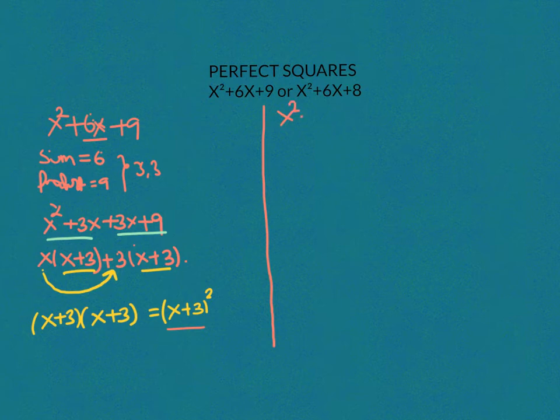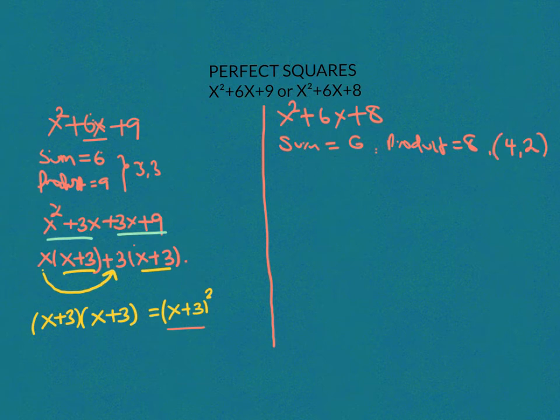So we'll have x squared plus 6x plus 8. And again, we are going to look for two numbers whose sum is 6, the middle term, and whose product is 8. And these two numbers are 4 and 2.